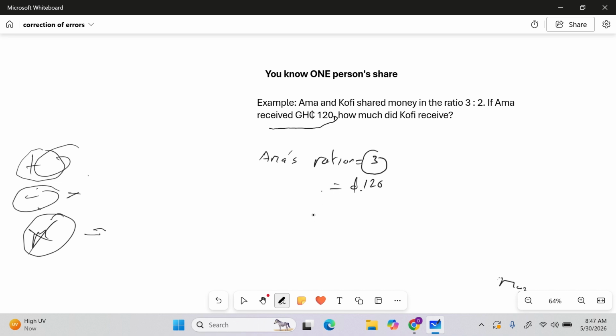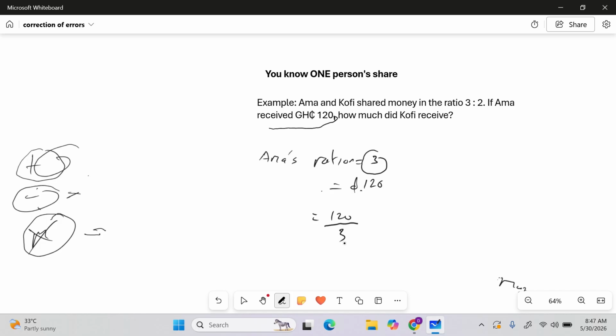Let me explain it for you. We have 120 as Amma's share, so we divide it. I'm using division here. We divide by 3 because the 3 is Amma's ratio. We divide 120 cedis by 3.